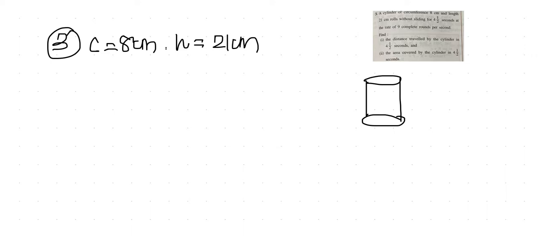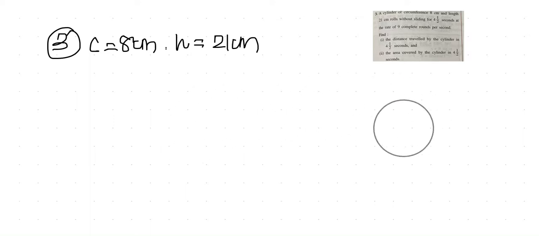And then from that you will be able to find out how much area it will be covering in 4.5 seconds. So in this particular question, children, the most important part is that you have to understand that when a cylinder goes on rolling, the area that it covers in one revolution is always equal to the curved surface area.